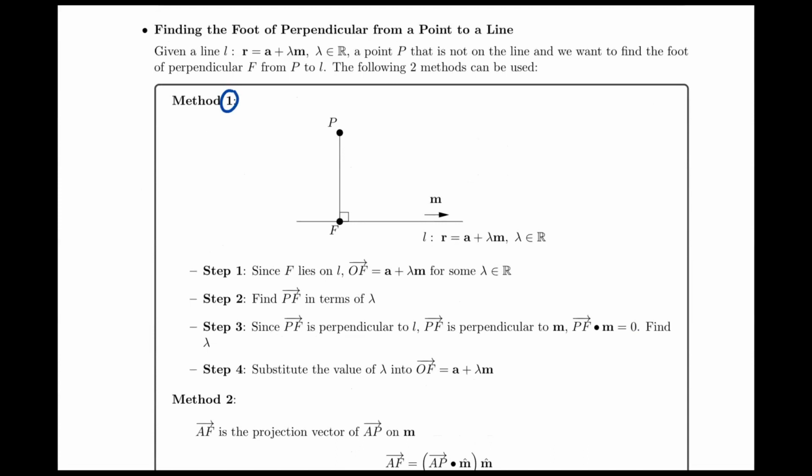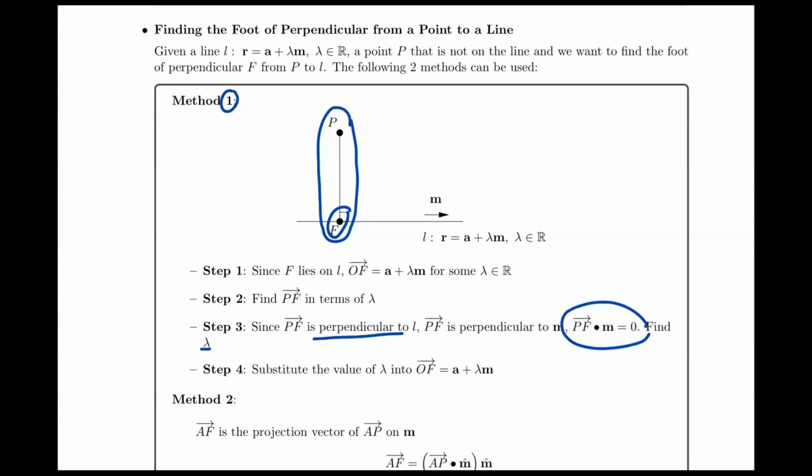We can also write PF as a vector, and because it is perpendicular, the dot product is 0. Understand the logic? Since the dot product is 0, solve for the value of lambda, sub the lambda value back into OF, and get the vector.